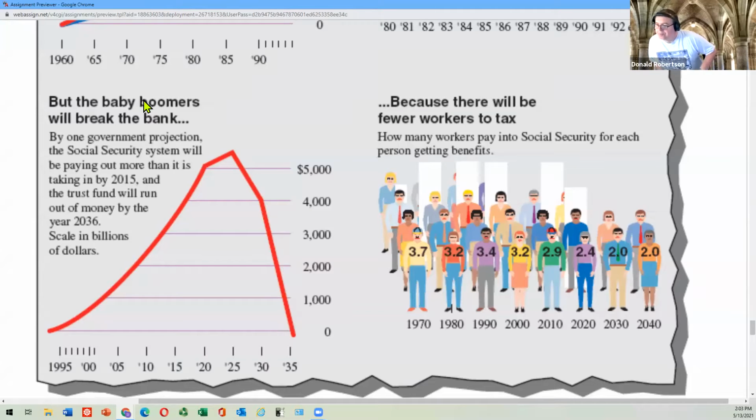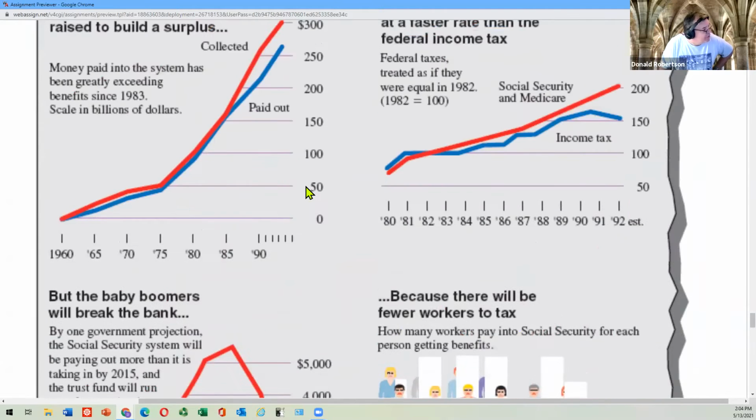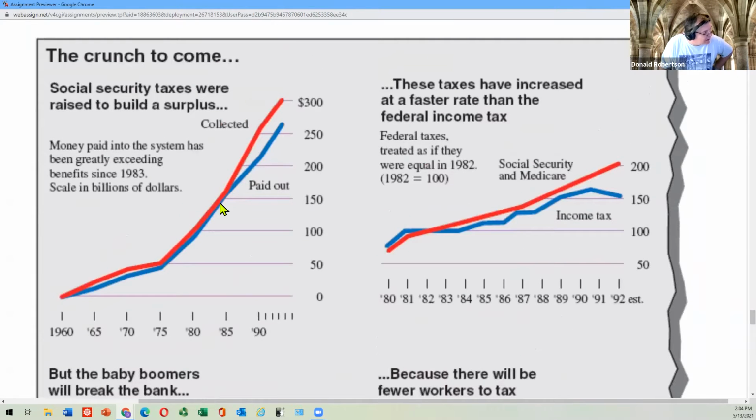And there was a big surge in children born in that 10-year period, 45, 55 kind of rate. And the result is that the number of people who are going to be collecting Social Security is going to take a sharp increase over the next 10 to 15 years.